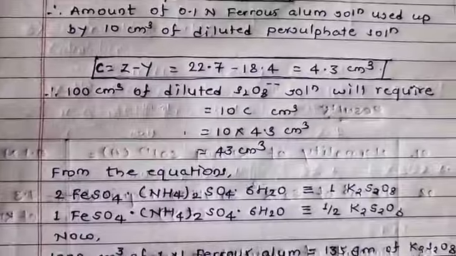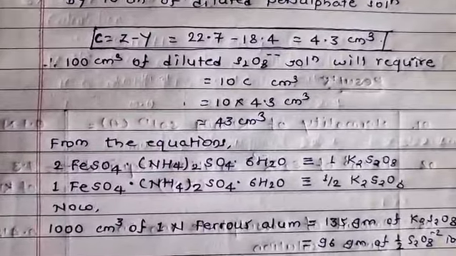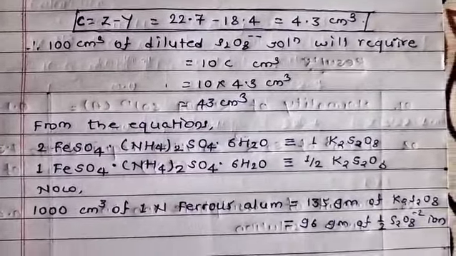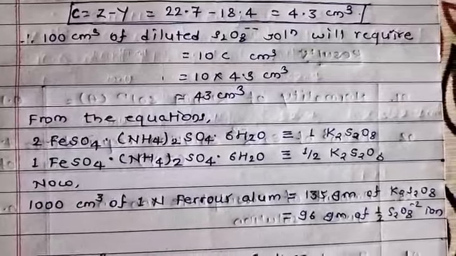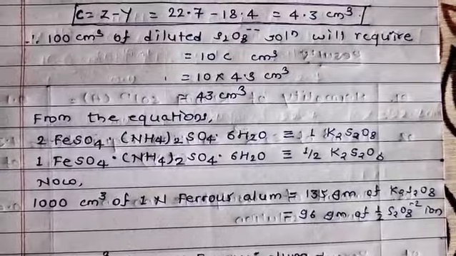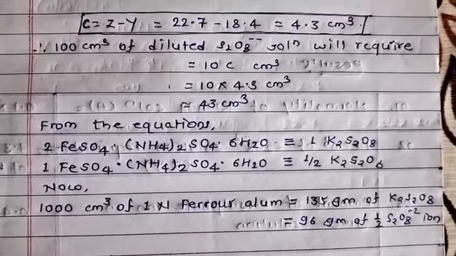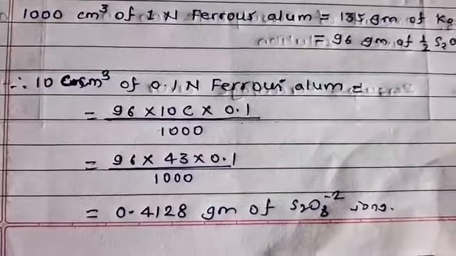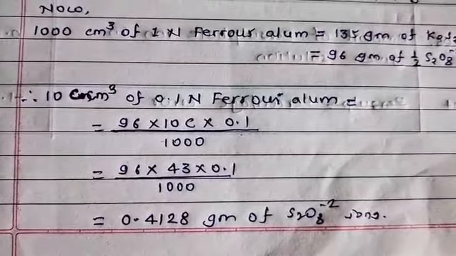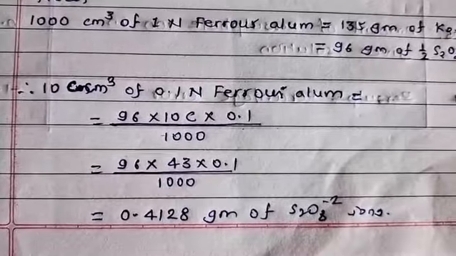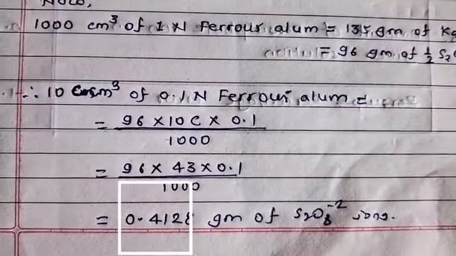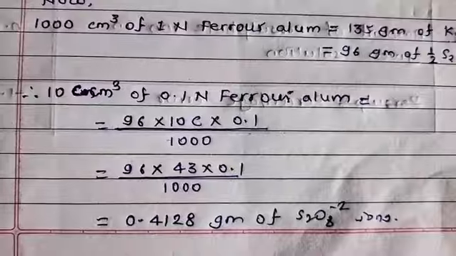From the equation, that is stoichiometrically, 1000 cm³ of 1 normal ferrous alum is equal to 135 gram of potassium persulphate, which is equal to 96 gram of persulphate ion, and therefore 10 C cm³ of 0.1 normal ferrous alum solution equals 0.4128 gram of persulphate ion.